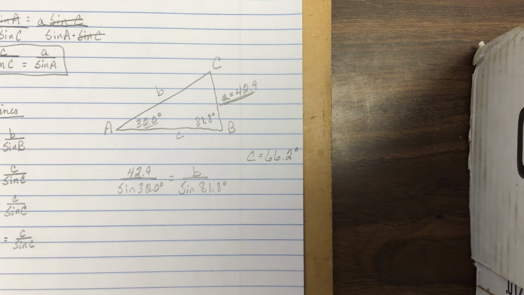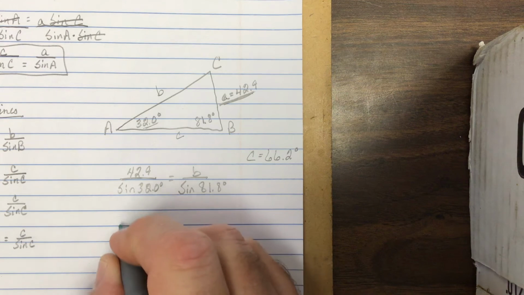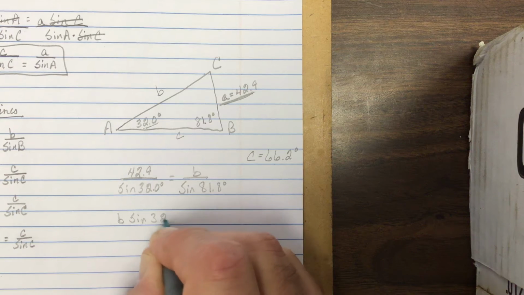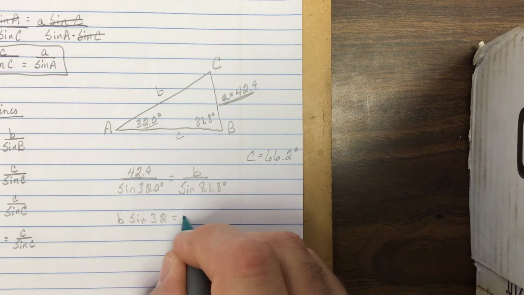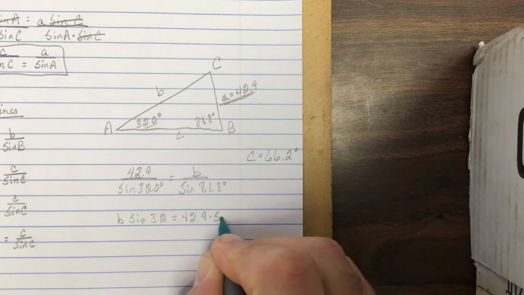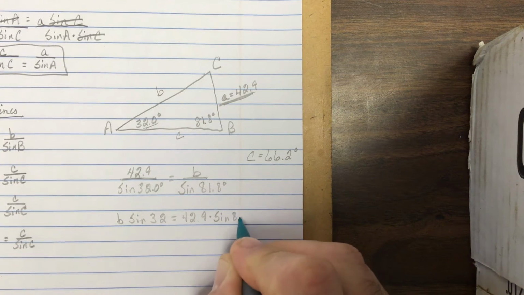Once you look at this, you can see hopefully a proportion. You just cross multiply, set things equal, and divide to solve. b times sine of 32 equals 42.9 times the sine of 81.8.